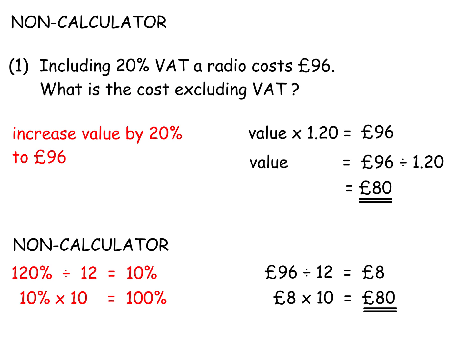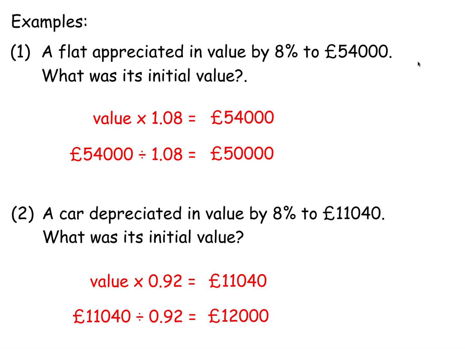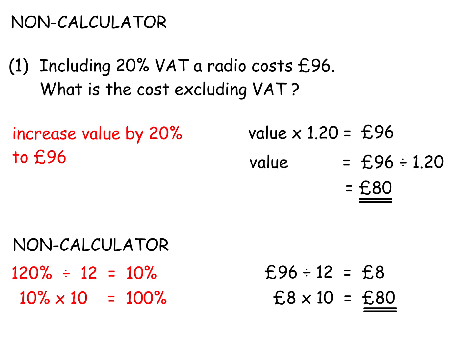So with a calculator, you think of the factor that causes the increase and you divide by that factor, and that's what's been done here. VAT added on 20%, that is the factor 1.2, adds on 20%, divide by 1.2. Without a calculator, you think that is 120%.